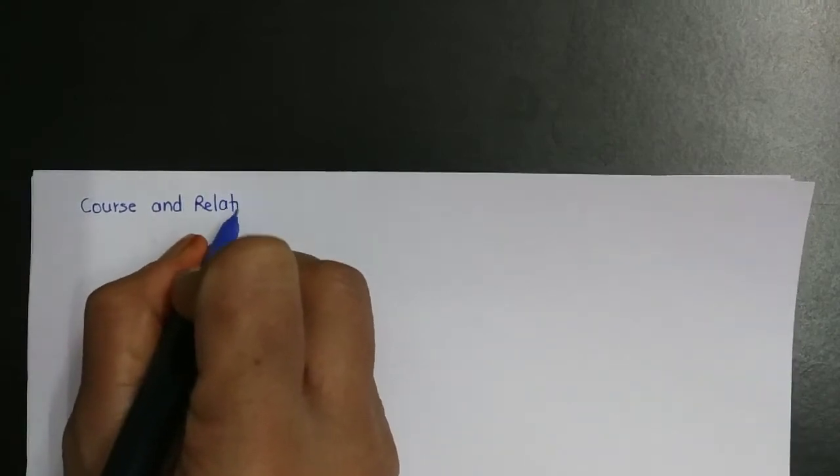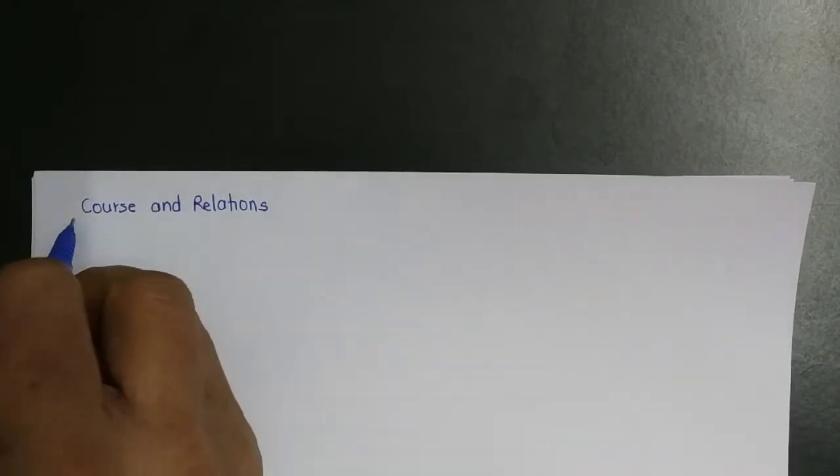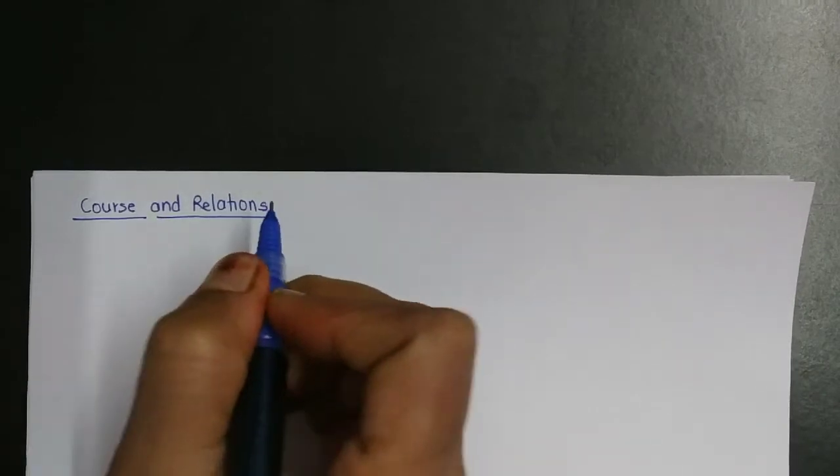Now coming to the course and relations of the facial nerve. Now, the complete course of the facial nerve may be discussed under intraneural course, intracranial course, intrapetrous and extracranial part.